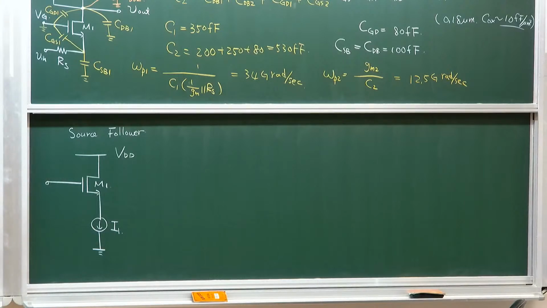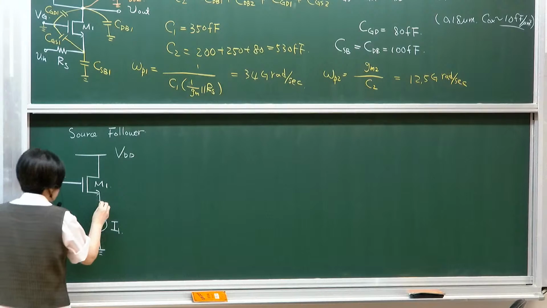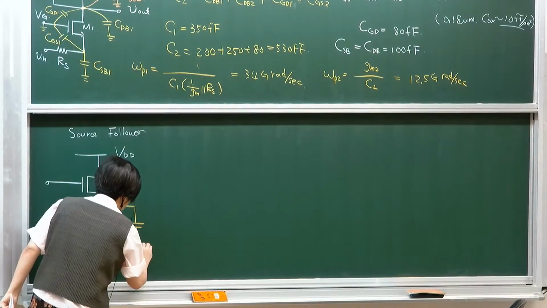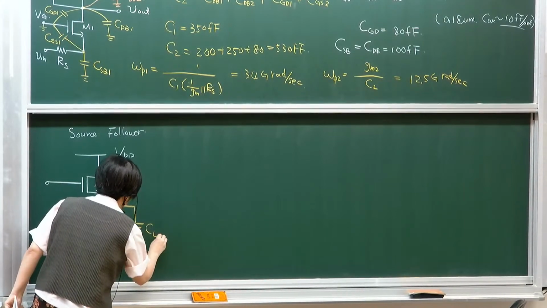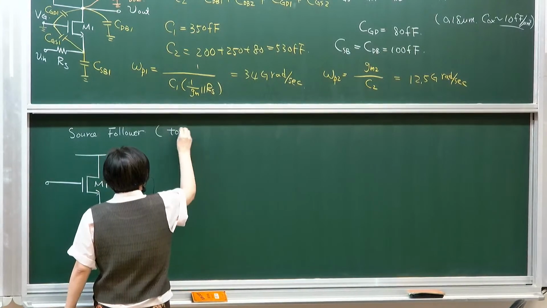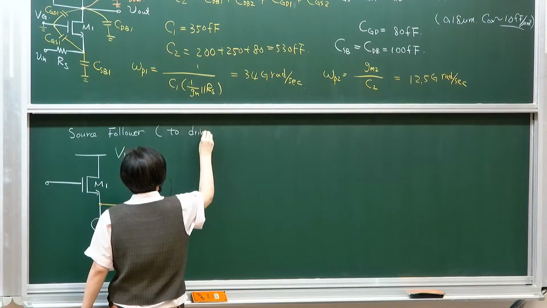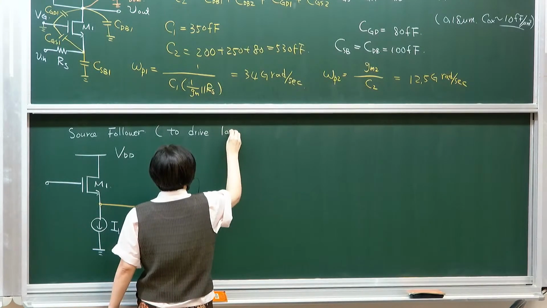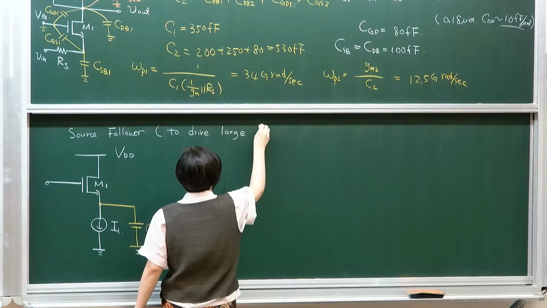So we're going to add this external capacitance, and this is very commonly seen. These are external capacitances, and this is the main purpose of a source follower circuit, as I said, to drive a large C load.